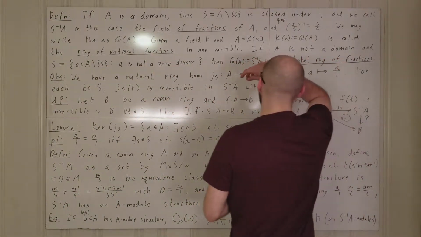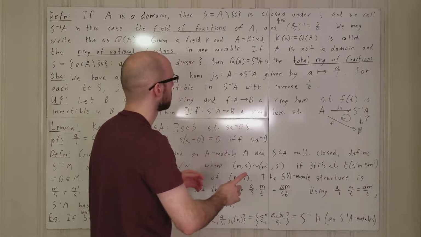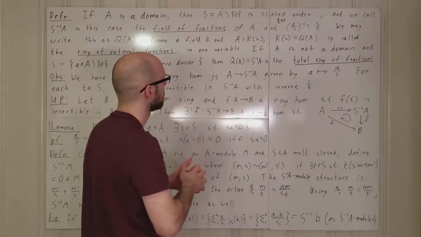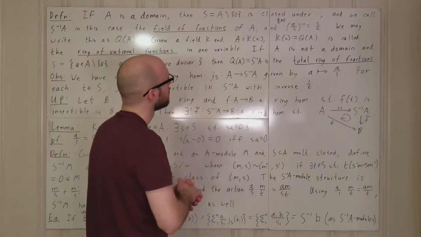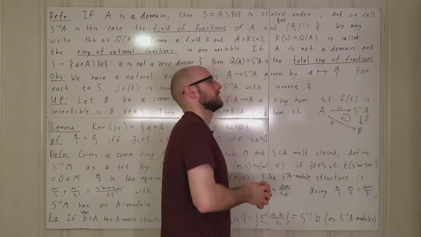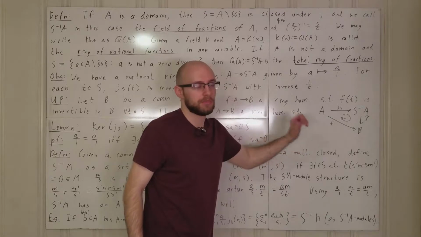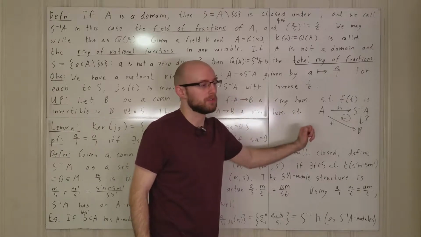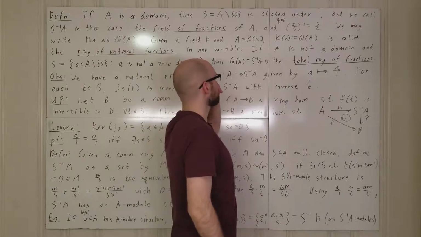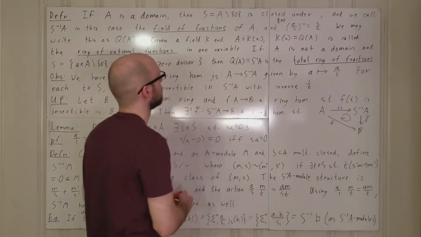So the fact that A over S is non-zero implies that A is not 0. Because if A were 0, then 0 over S would equal 0.